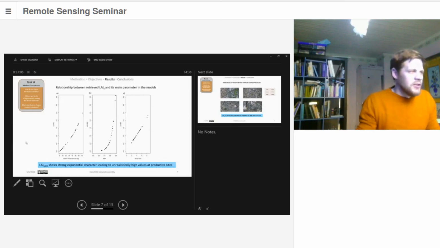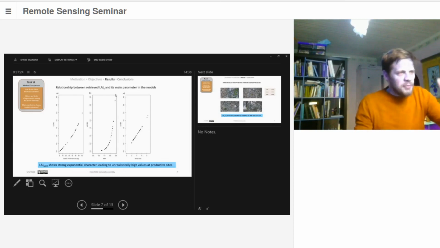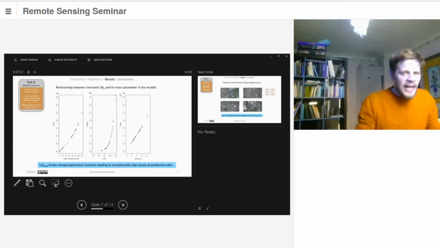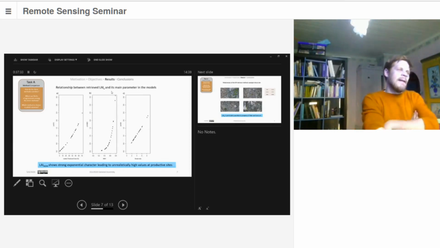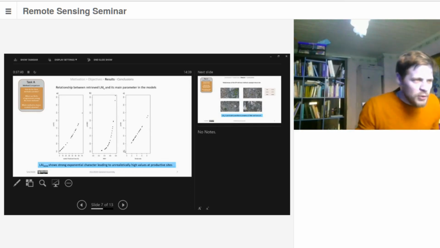What you see for the NDVI method is these 2 points at very high LAI ranges, which is what I mentioned before: because of the strong exponential character of this NDVI model, at high ranges you get really unrealistically high values for the leaf area index, the understory.